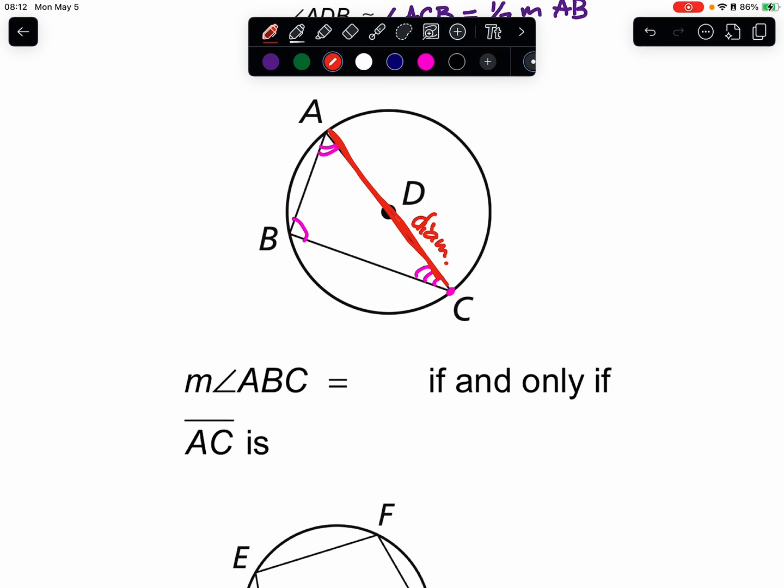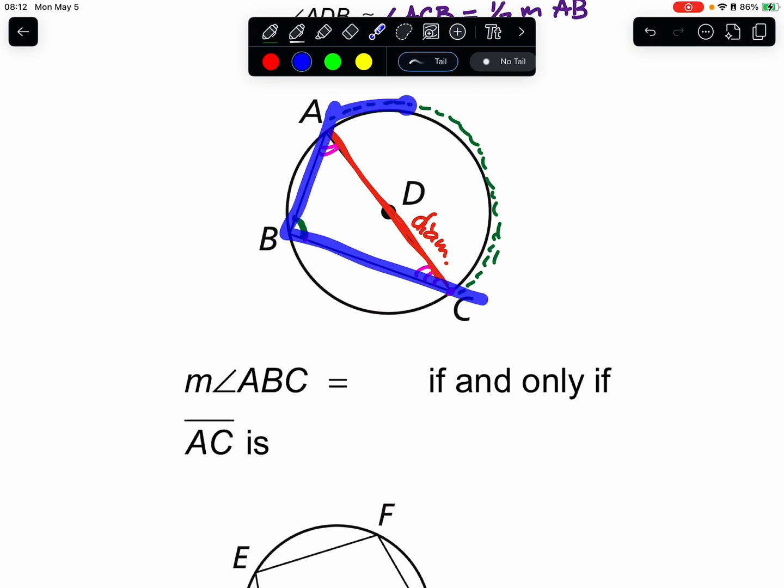Now it gives me some clues. The clue is this arc that is intercepted by this angle B. Angle B intercepts this arc, and I know that this arc is 180 degrees, then I happen to know something about that angle.